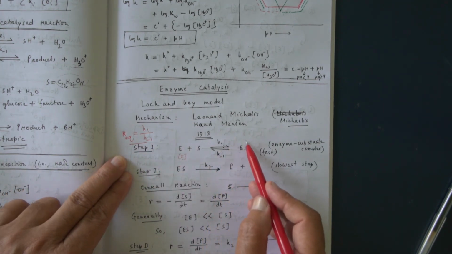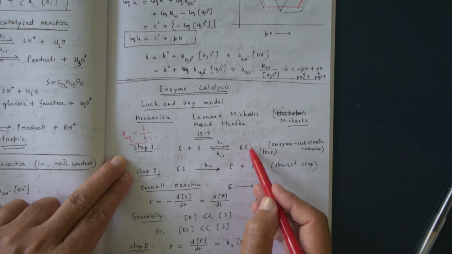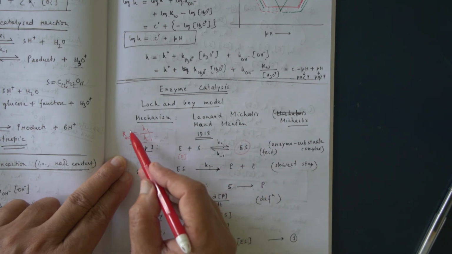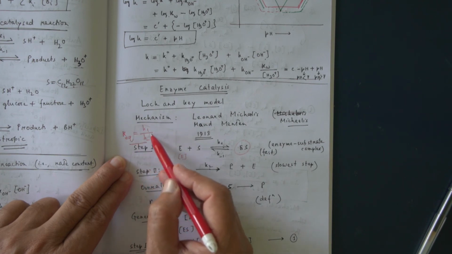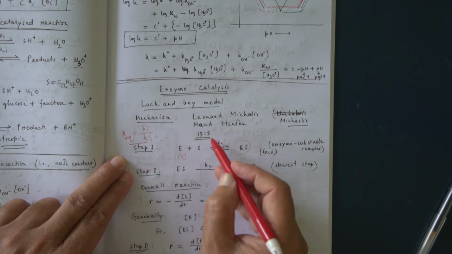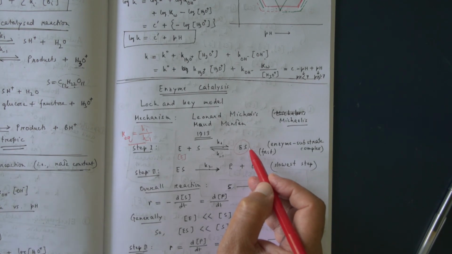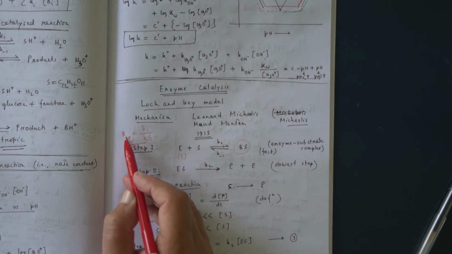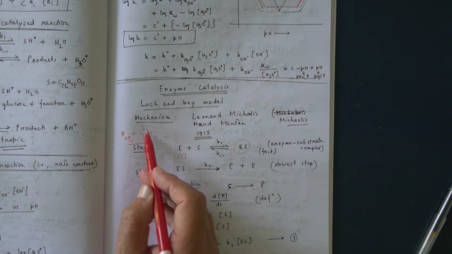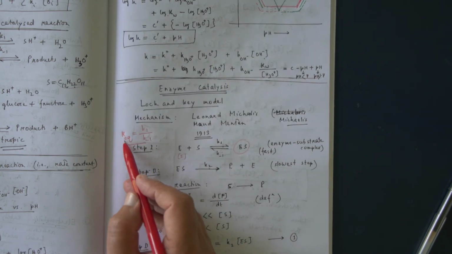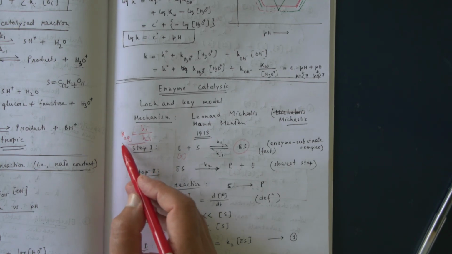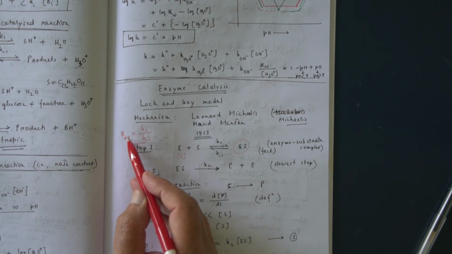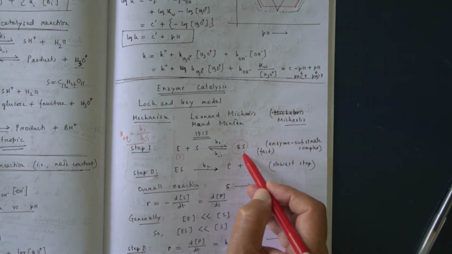If concentration of enzyme substrate complex is more, value of equilibrium constant is more. Conversely, higher the value of equilibrium constant, that means more enzyme substrate complex is formed.